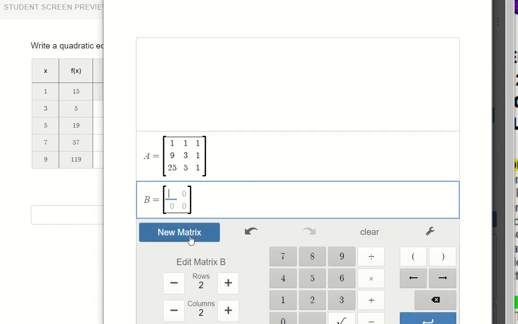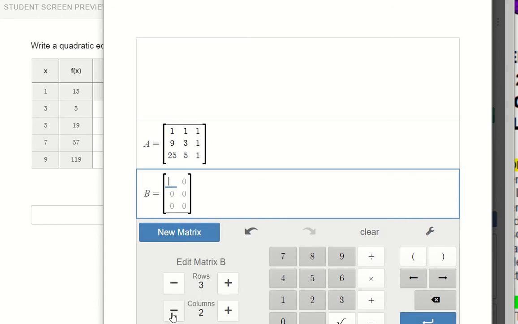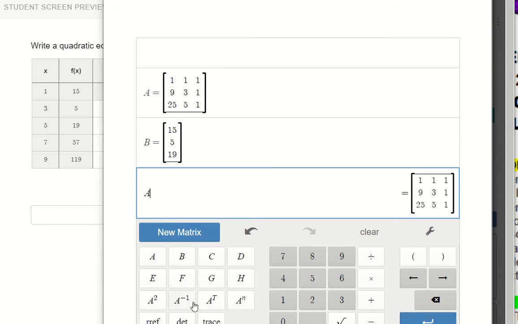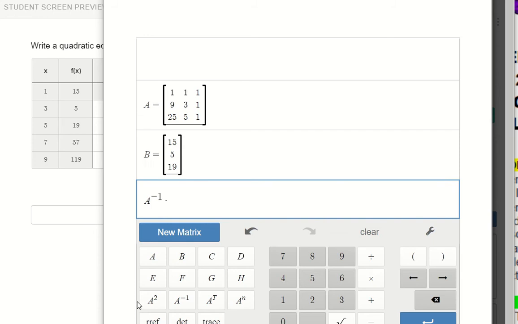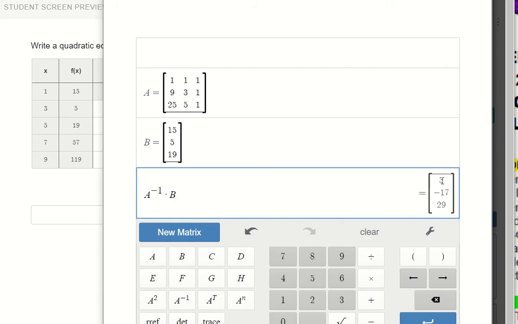Enter new matrix, 3 rows, 1 column, and this is going to be your f of x values. So we have 15, 5, and 19. Enter, and now I'm just going to say A inverse times B. And it already pumped out an answer for me. So A is 3, B is negative 17, and C is 29.